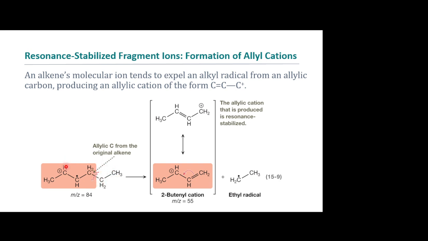Again, this was that double bond that we created that positive charge on, right? And so we're going to go ahead and break fragment right here. That will give us the ethyl radical. And then we're going to have this remaining part right here, which would be your butene normally. And that's going to give you the butenyl cation right here, which has a nice resonance stabilized structure.